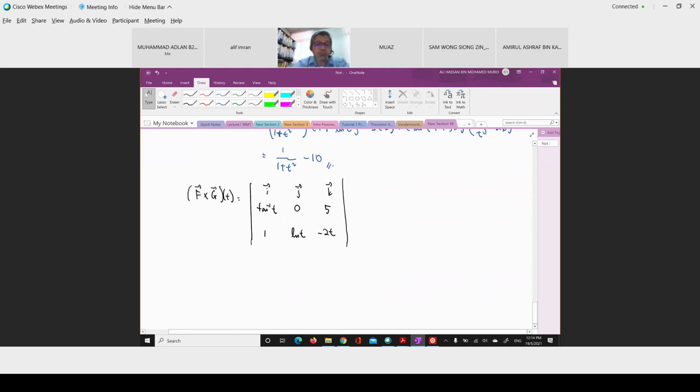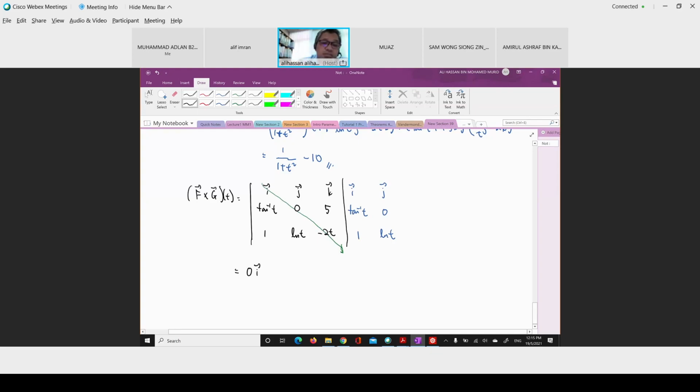So let's use the same technique we have used previously. We write down the first two columns on the right hand side of this determinant, and then we form the product of three elements. So what is that product? 0i.